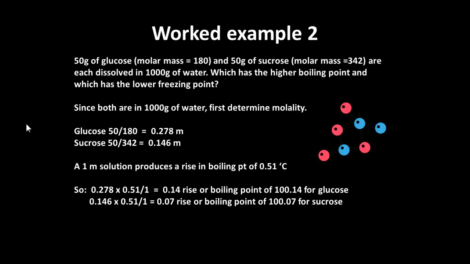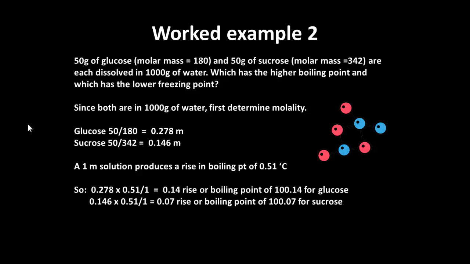So 0.278 times 0.51 will give a 0.14 rise for glucose, so the glucose would have a boiling point of 100.14, and for sucrose it would be 0.146 times 0.51, which will be a rise of 0.07, so the boiling point would be 100.07 for sucrose.